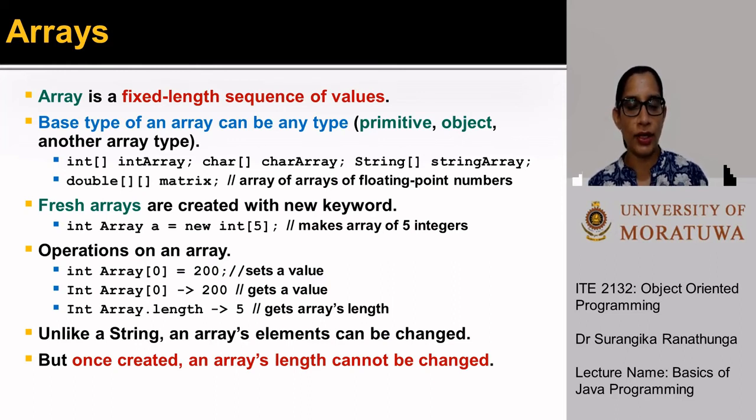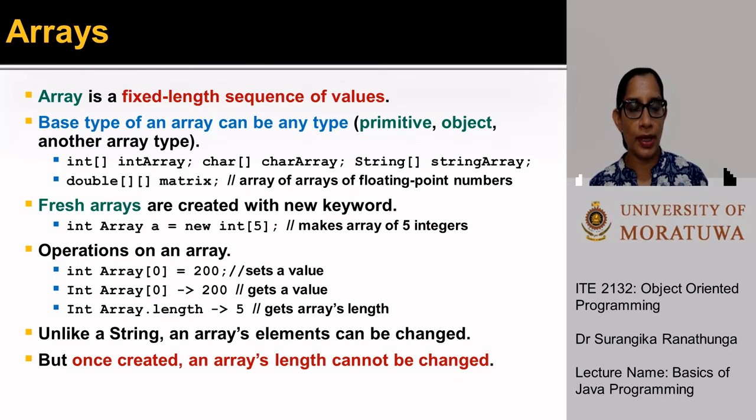If you execute this line, at the end we will have an array where the first element has the value 200. Similarly, you can use array[0] to take the element that is stored at the first position of the array. And if you want to get the length of the array, you can use array.length.